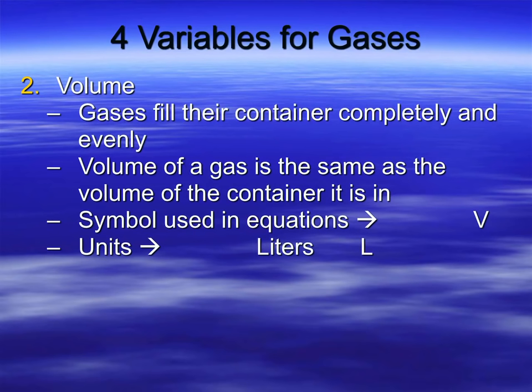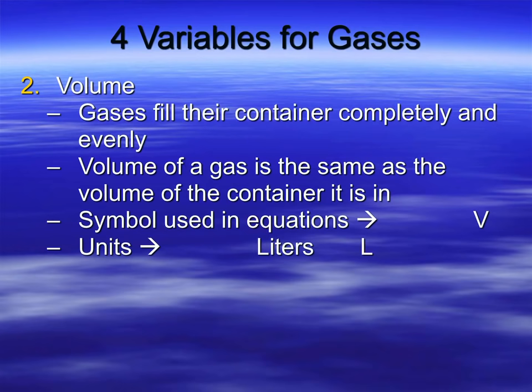If you're talking about an empty 2 liter bottle of soda, it's not really empty. There's air in there. And how much air? Well, you have 2 liters of it because it takes up the shape of that container. So the symbol for volume is a capital V, not a lowercase v.